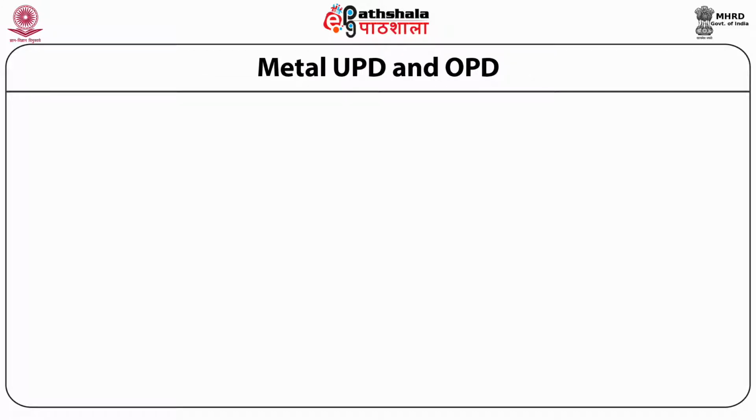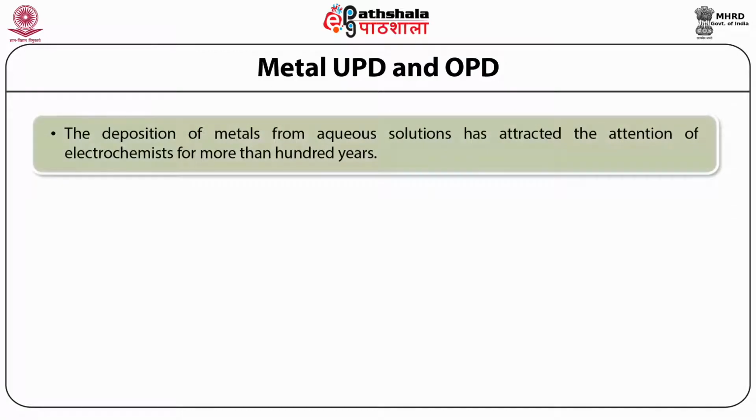We have been talking about this technique where we are carrying out the data analysis. Metal UPD and OPD. The deposition of metal from aqueous solution has attracted the attention of electrochemists for over 100 years.